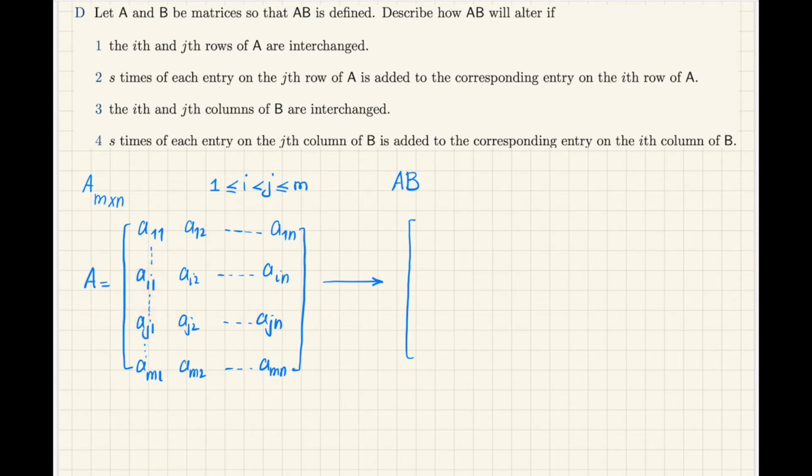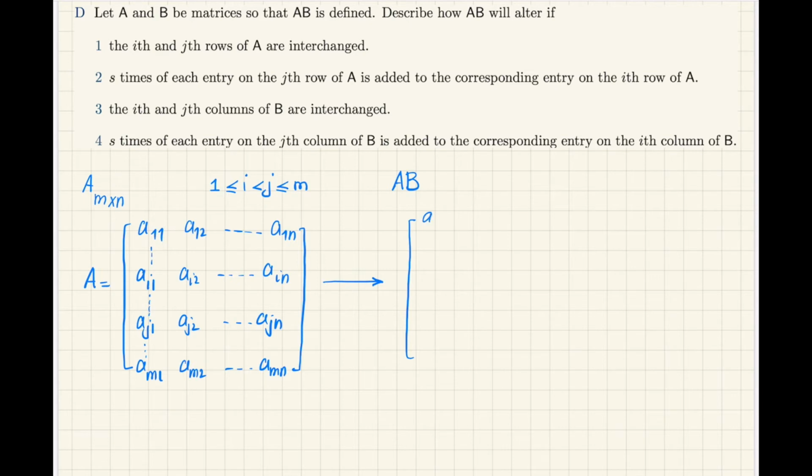But let me tell you something, I am not changing this. In my head I multiply these numbers by s, and when I get their results I add them correspondingly to these entries. So in principle I am not changing anything except the ith row.